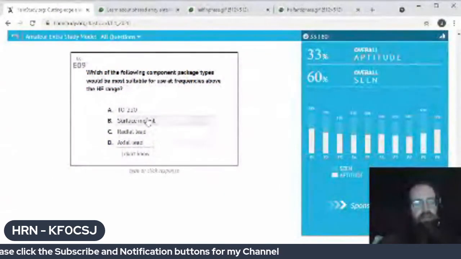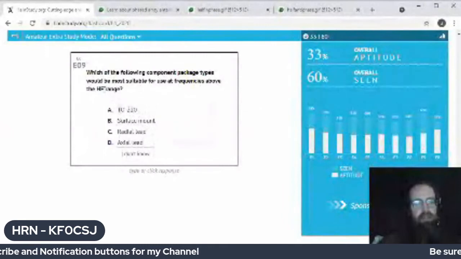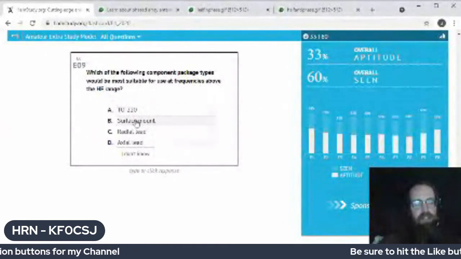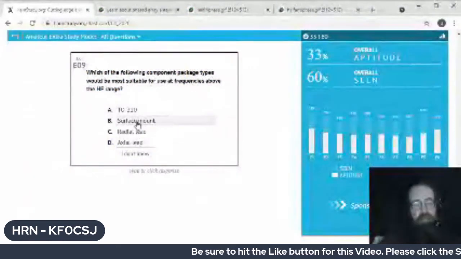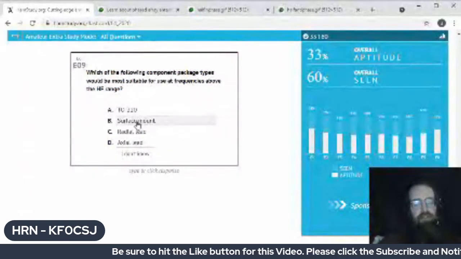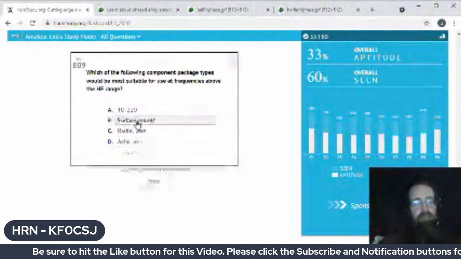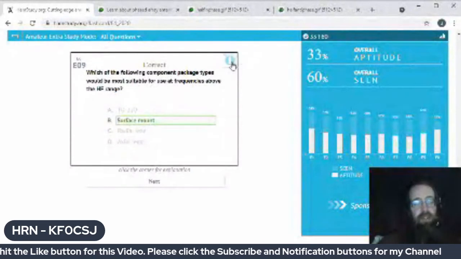I'm going to guess surface mount just because above HF gets into VHF and you do see surface mount stuff, surface mount vehicle antennas.